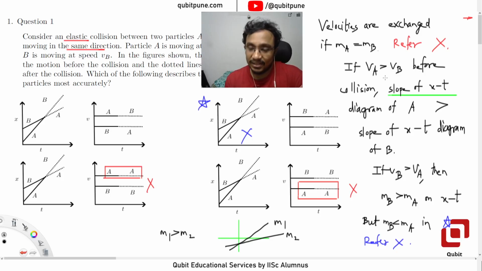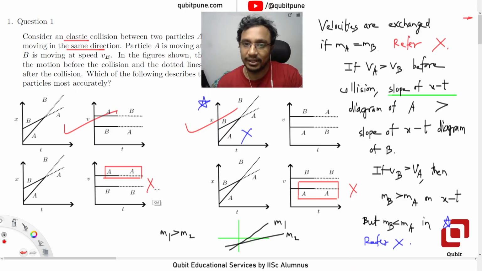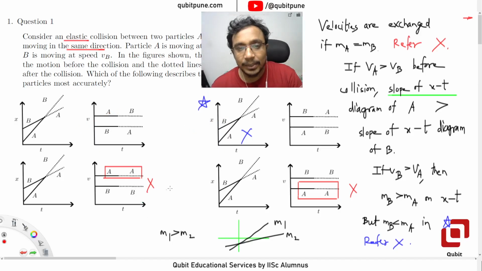अभी ऑप्शंस अभी दो ही बचते हैं, ये और ये ऑप्शन. Or sorry, these two, because we have eliminated the red crosses by considering the contradiction given by them. तो अभी इनमें जो VA greater than VB before collision है, in fact in both of the cases it's VA greater than VB, if you can see.